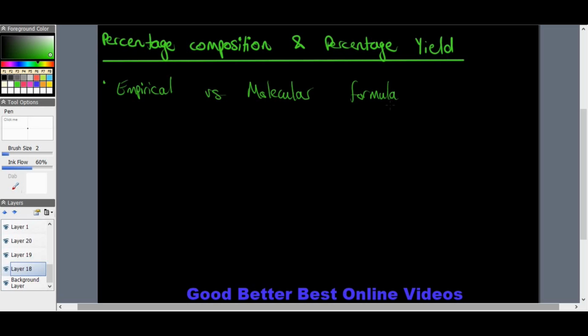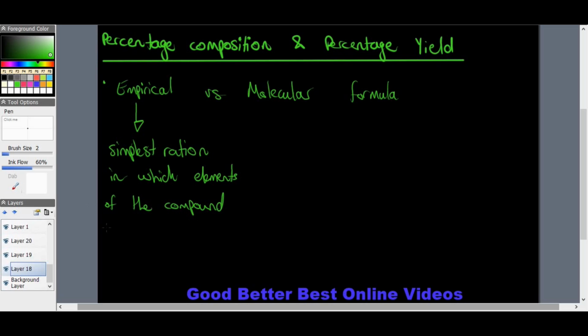Now we're going to discover what in the world this empirical formula is. The empirical formula of a compound indicates the simplest ratio in which the elements of that compound have joined.